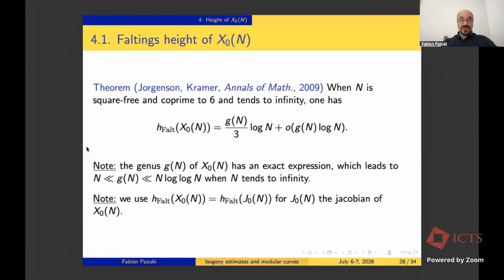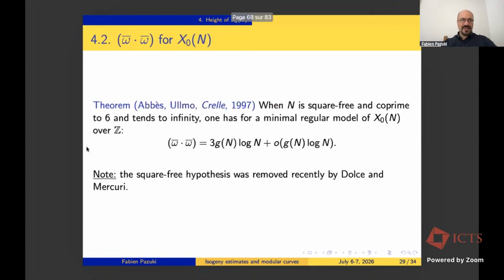Now there are other approaches, and I would like to mention that. In '97, there was a way to compute the omega square for the curve X_0(n), and here you see the same hypothesis: n is square-free and coprime with 6.